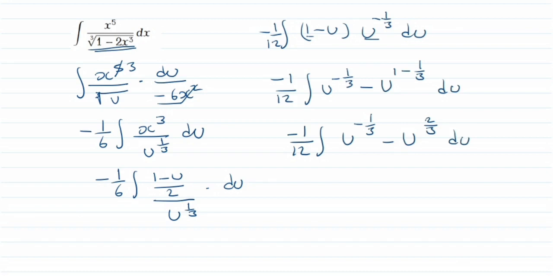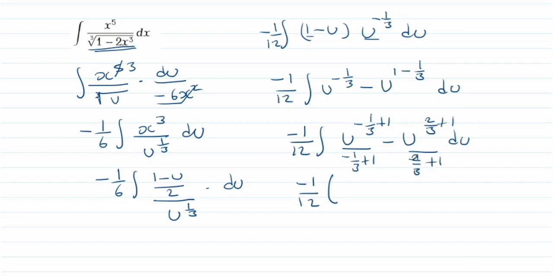Doing the operation inside, we are going to have 1 over 12 open, then here we add the powers. We add 1 to the power and divide by the new power, negative 1 over 3 plus 1. We do the same here, we add 1 and divide by 2 over 3 plus 1.